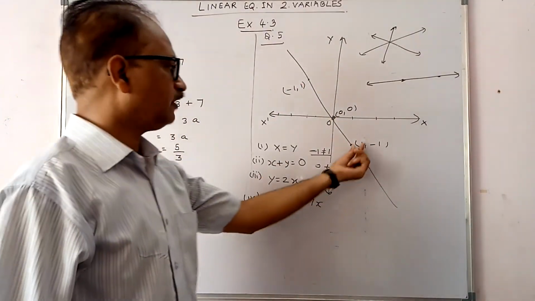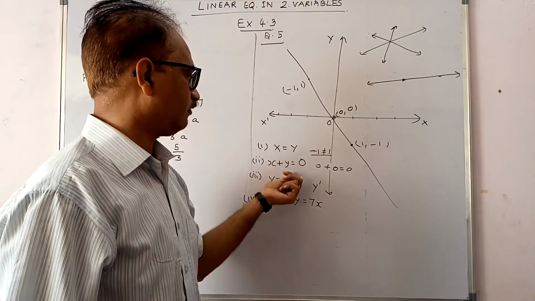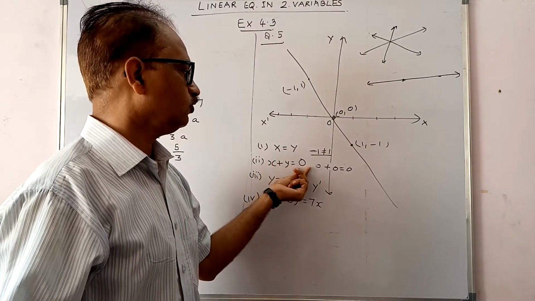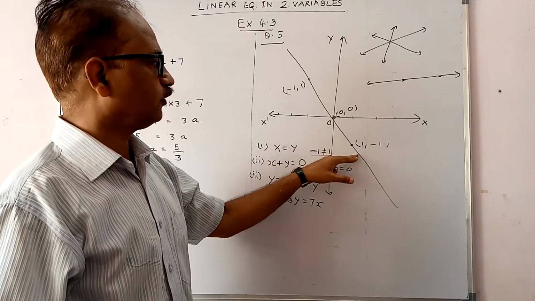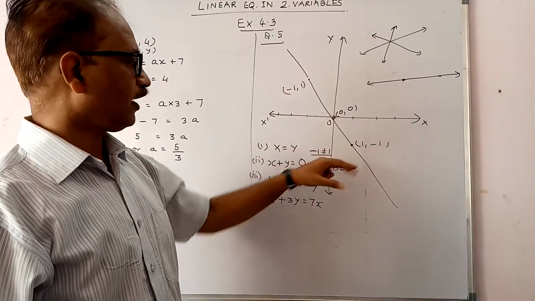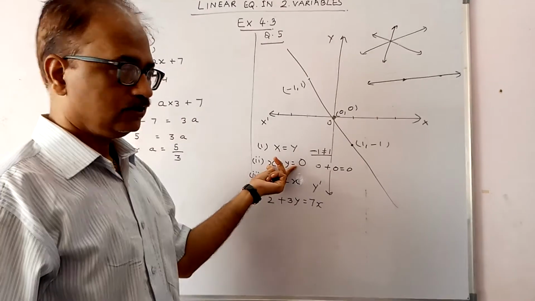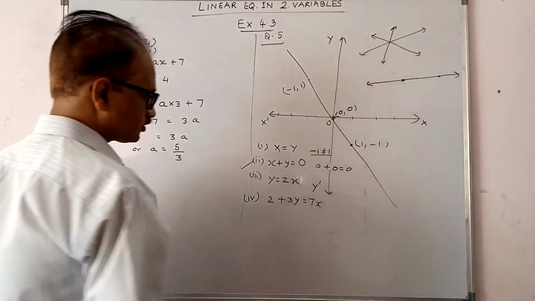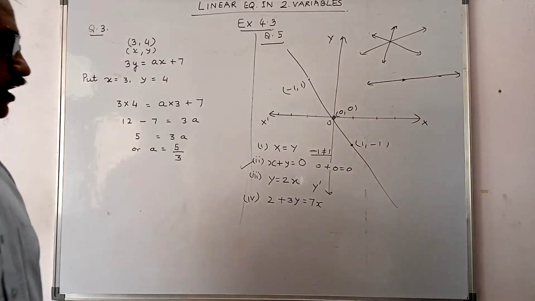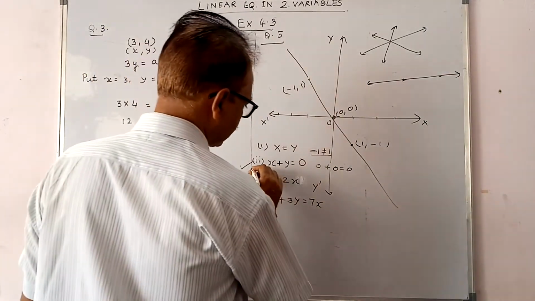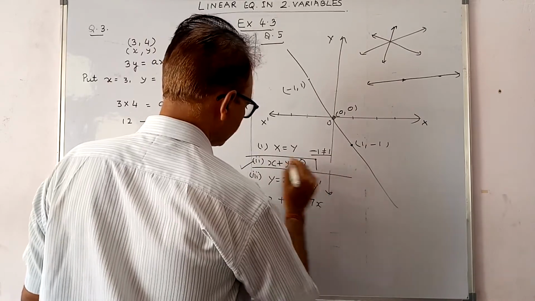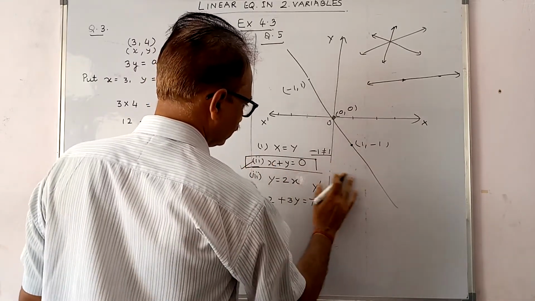And similarly, if I put x = 1 and y = -1, on adding them you will get again 0, so this point is also going to satisfy. So all 3 points are satisfying this given line. Therefore x + y = 0 is the equation of this line, and this is the correct option.